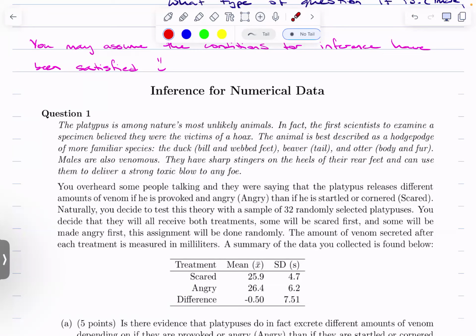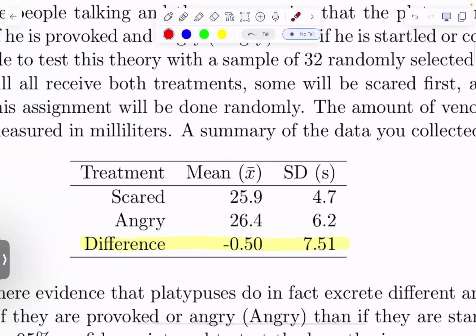Just looking at this table, right, I suspect that it's going to be a paired data type of question. Why? Because I have the mean and the standard deviation of the differences. The only time I would really need that is if I have paired data. Okay, and so that's a nice clue, right?